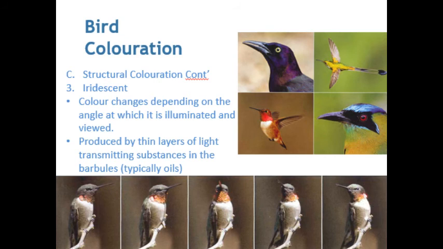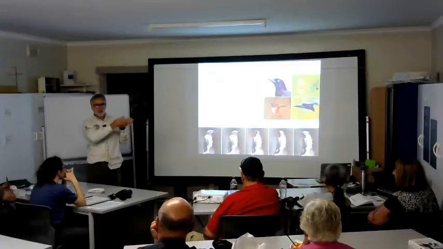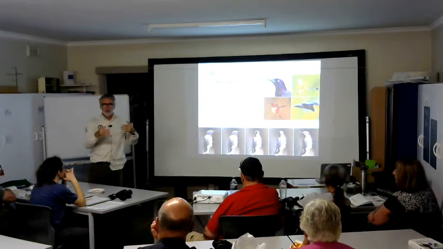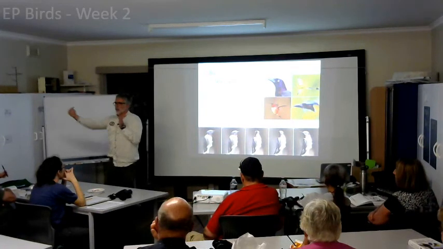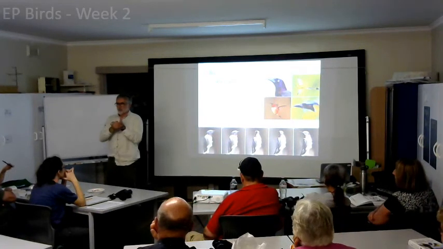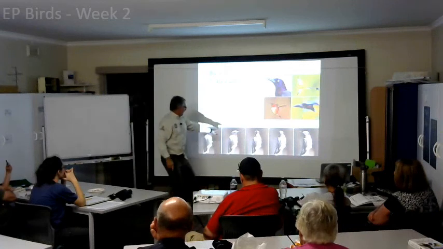This is colour that's dependent on the angle, and it's about the oil layer on the feathers as well. You've got light coming in, some's getting absorbed, the greens and the reds, and some's bouncing off. At a particular angle, the waves add, and we see really intense colour.